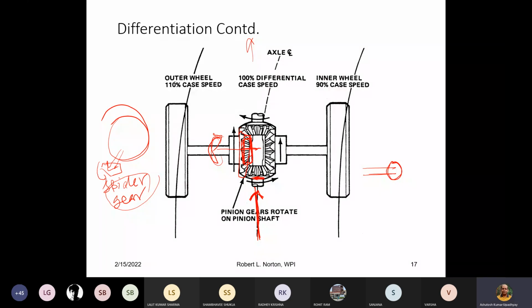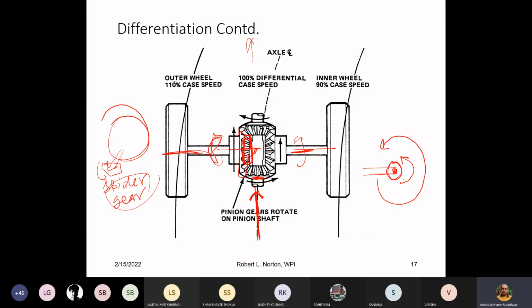One is that it is rotating along with this axle, this shaft. Another is that it is rotating on its own axis. This axis is vertical, and it will keep on changing.